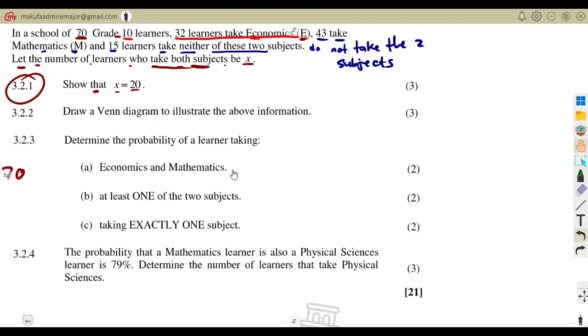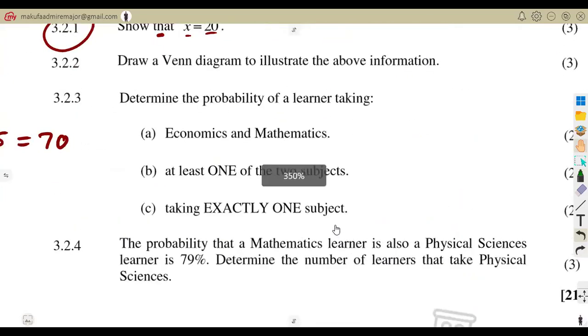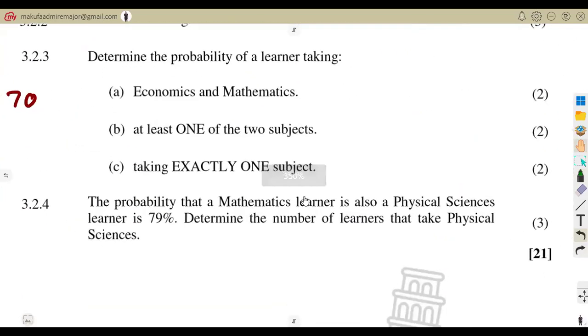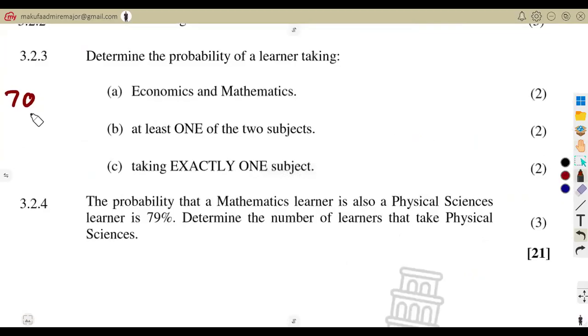3.22, you're done. On 3.23, they want you to use the diagram now, or any information that you have, to determine the probability of a learner taking economics and mathematics.